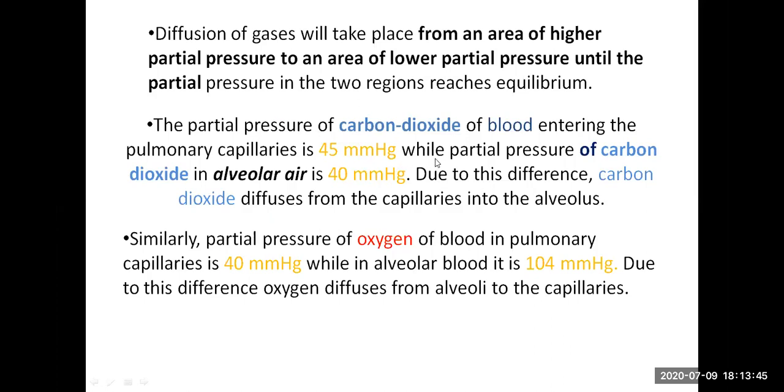While the partial pressure of carbon dioxide in alveolar air is 40 mmHg, और alveolar air जो कि हमने इनहेल किया है, इंस्पिरेशन करके लंग्स में लिया है, उस एयर में कार्बन डाइऑक्साइड थोड़ा सा कम होता है as compared to pulmonary capillaries. So in alveolar air there is 40 mmHg carbon dioxide.